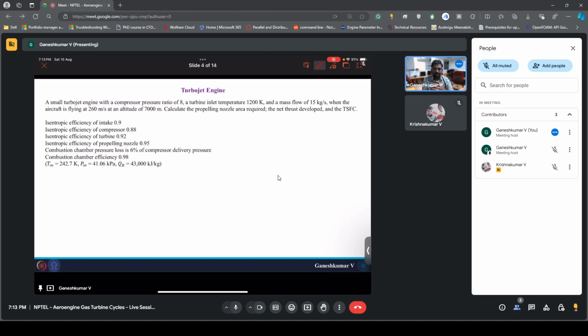What they have asked is to calculate the propelling nozzle area required, the net thrust developed, and the TSFC. In order to get the nozzle area, thrust, and TSFC, we have to go through all the processes that happen inside the gas turbine. We need to find all the station properties, then only will we be able to get the parameters they are asking for.